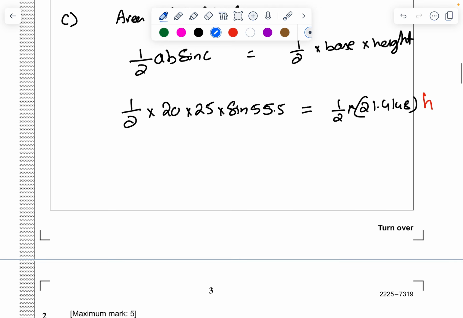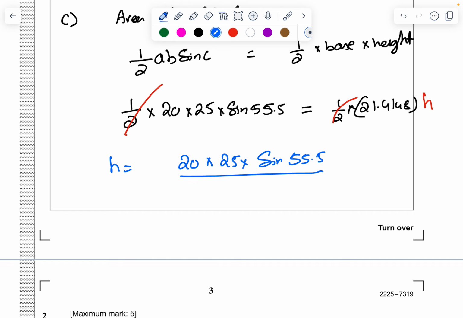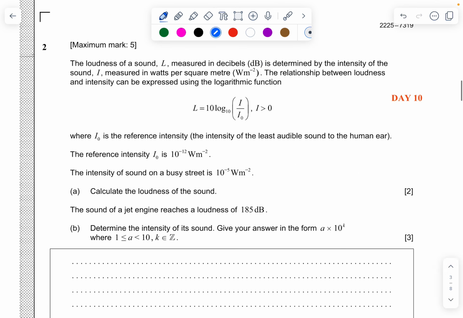So from here I'll be getting the value of height h. We can see that half and half get cancelled. So it becomes 20 times 25 times sine 55.5 divided by 21.4148. Simplify that, you should be getting 19.2 meters.